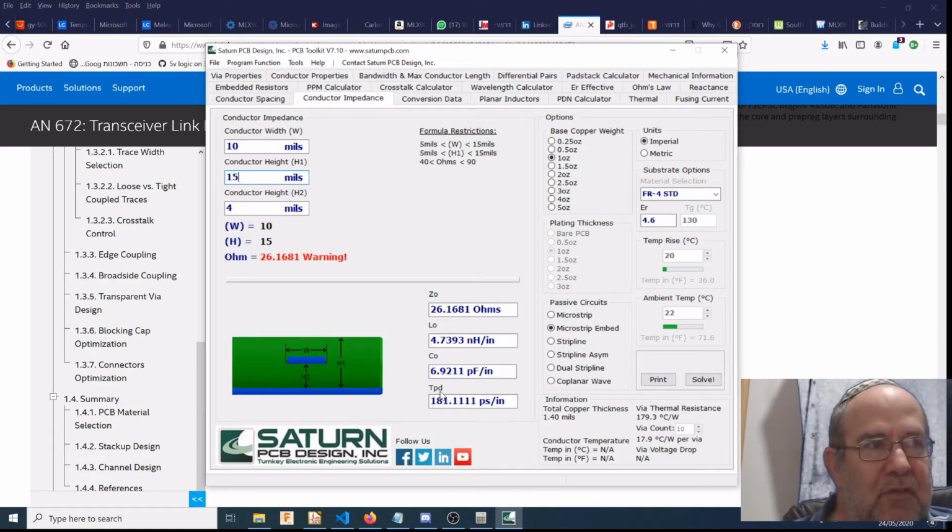In an extreme case, I've routed D0 on a top layer, and I've routed D1 on a middle layer, and I've kept the lengths exactly the same.